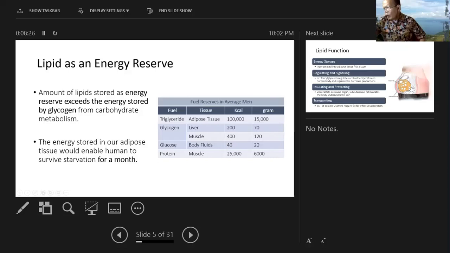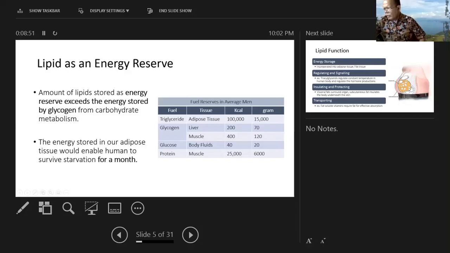The source of energy is about 100,000 kilocalories, and the triglyceride store is about 15,000 grams. Compared to this glycogen, it's a small amount compared to this triglyceride.